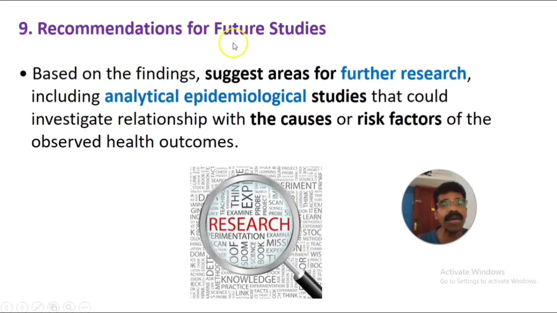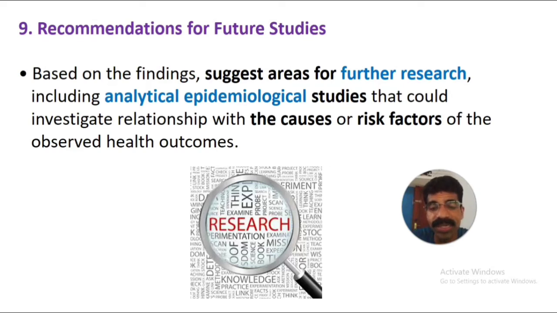Then ninth step is recommendation for the future studies or further studies after the descriptive study. So based on the findings, suggest the areas for further research. Okay, further studies including analytical studies, that is analytical epidemiological studies that could investigate the relationship between the cause, or the risk factors or predisposing factors or determinants of the disease, and the particular disease or outcome of the disease.